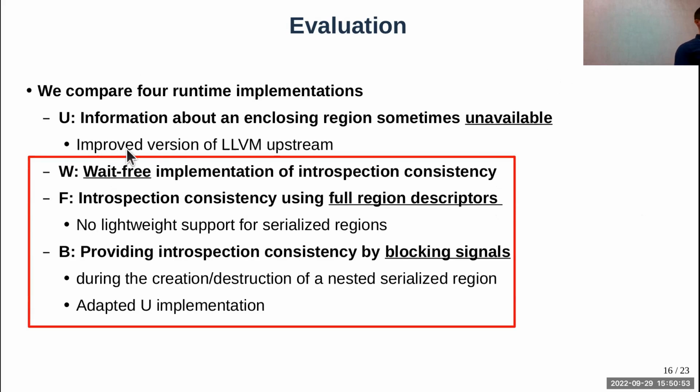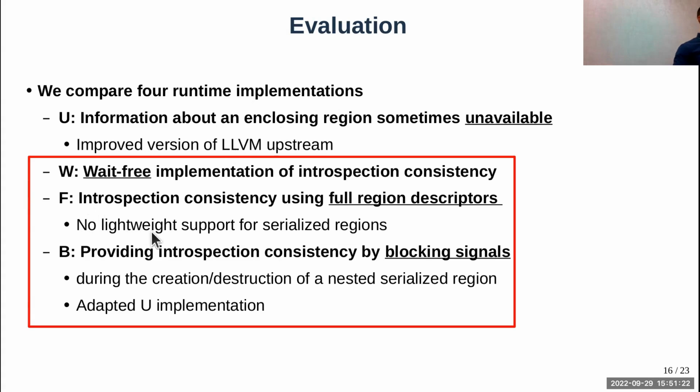The first one is basically a fixed or improved LLVM upstream that fixes the corner cases about creating regular or serialized parallel regions, by saying information about enclosing regions is unavailable. So there's no introspection consistency, but that's fine. That's what's easiest to implement. Just take one if, and that's it. The other 3 approaches guarantee introspection consistency, and the W version uses our wait-free protocol.